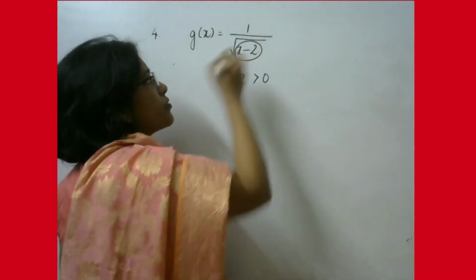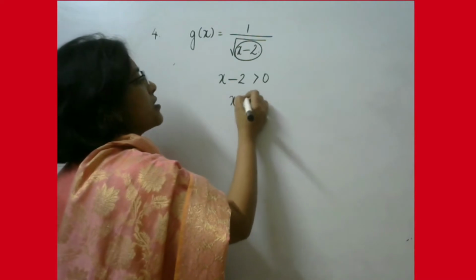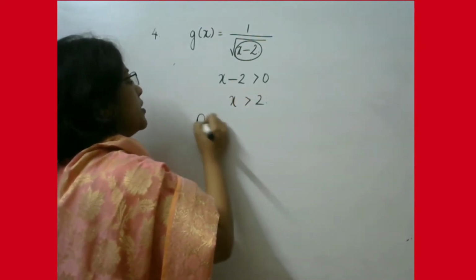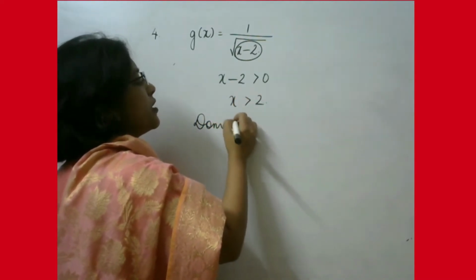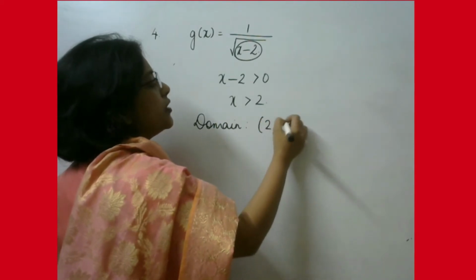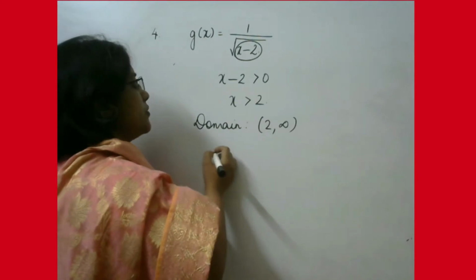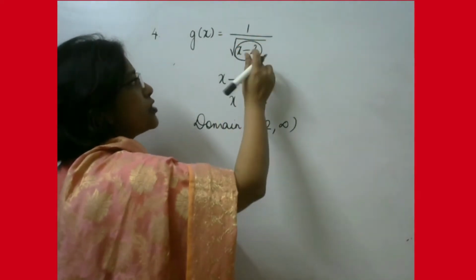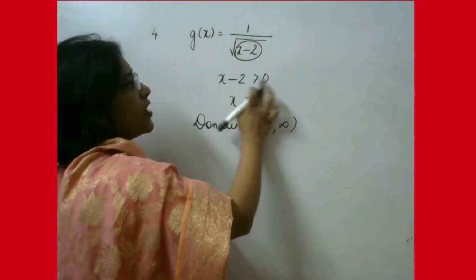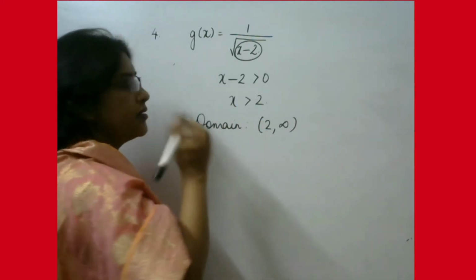This value has to be positive. So x is greater than 2, and so the domain is going to begin from 2 to infinity and not including 2. So from here, we have also decided that this g(x) value is going to be greater than 0.